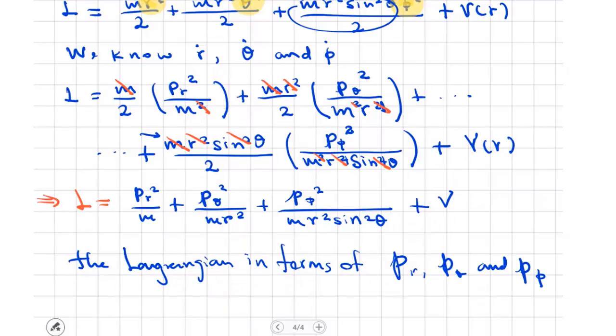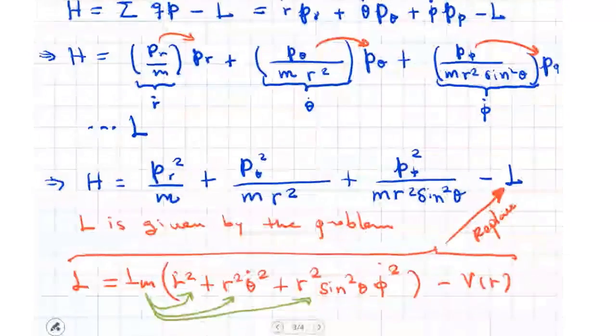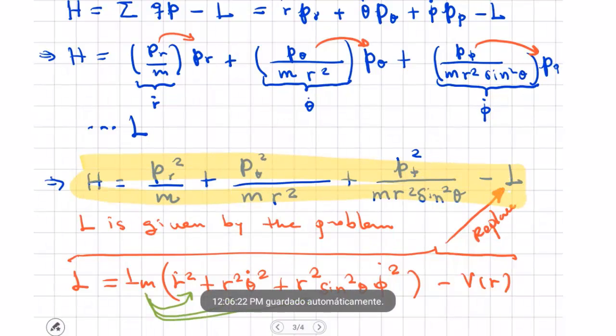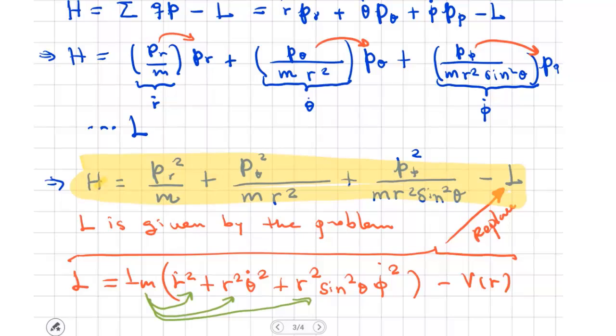This is the Lagrangian. So the next step is we know the Hamiltonian, okay? The Hamiltonian is this term right here, and we can call this equation number 4.